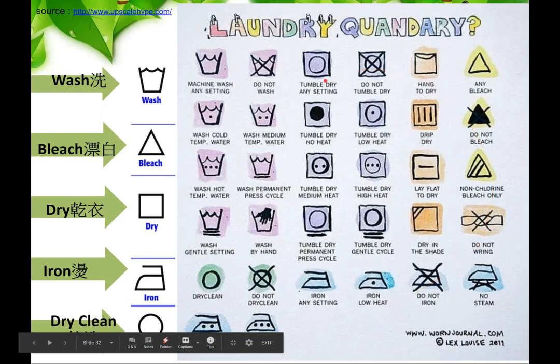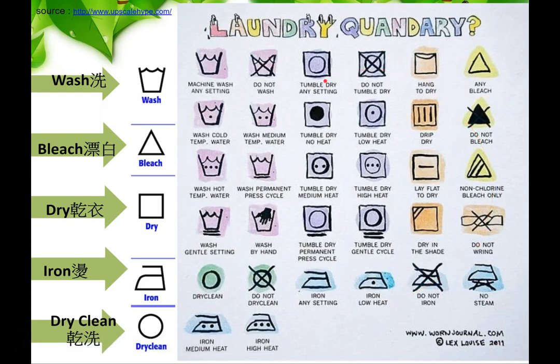Here is the picture to show you more information about the care label. For washing, you can see this bucket symbol, and if there is a cross over it, that means do not do that.